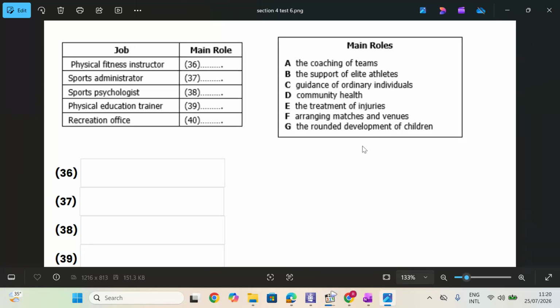It is the end of section 3. You will now have half a minute to check your answers.